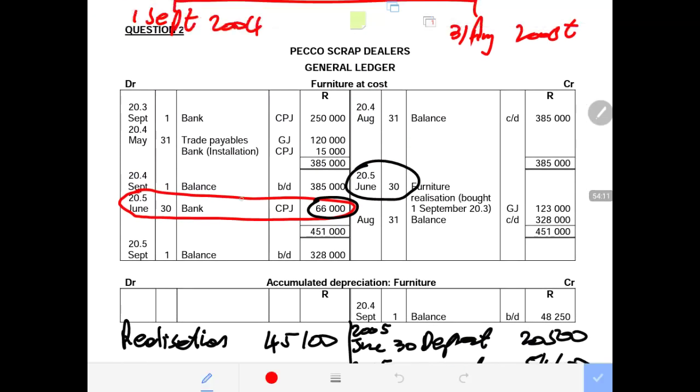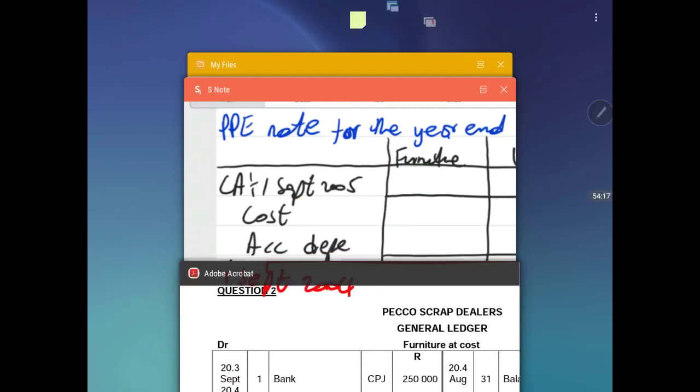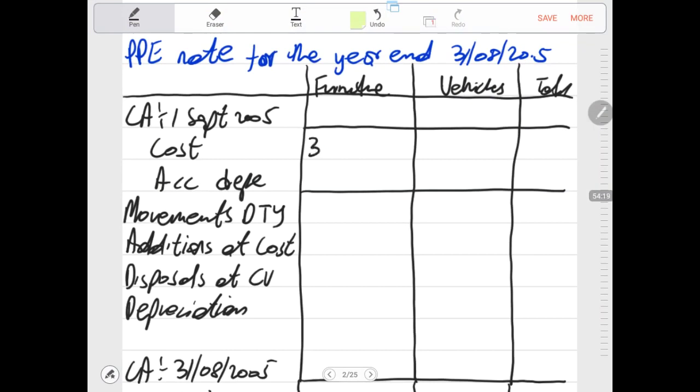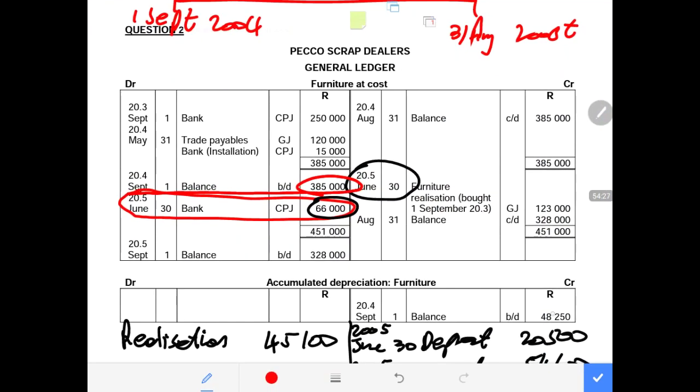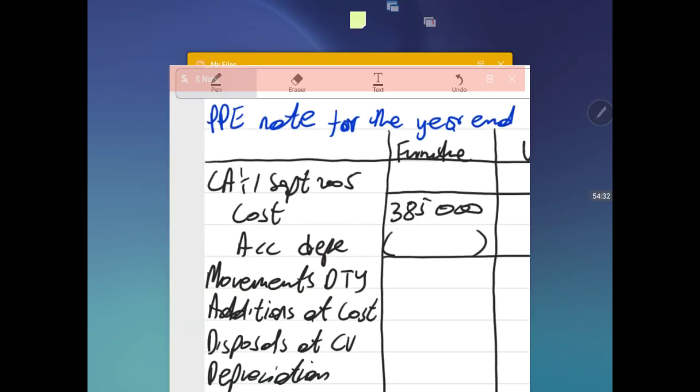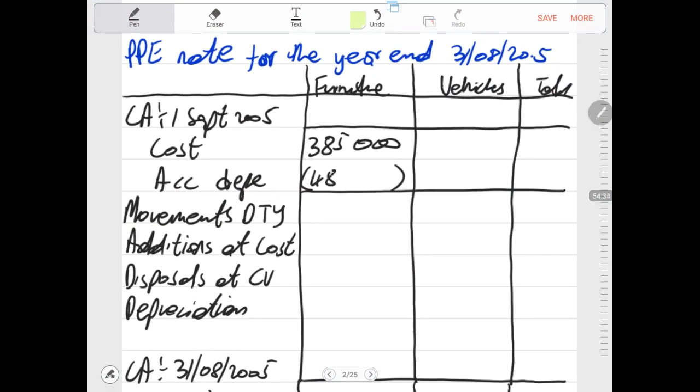Opening balance of the furniture on 1st September 2004 is 385,000 rands. So now I need to record that 385,000 rands. I need also to record the opening balance of the accumulated depreciation on furniture, and the opening balance is 48,250.